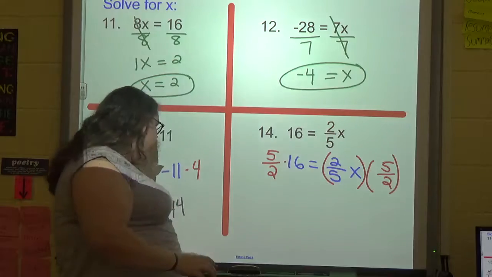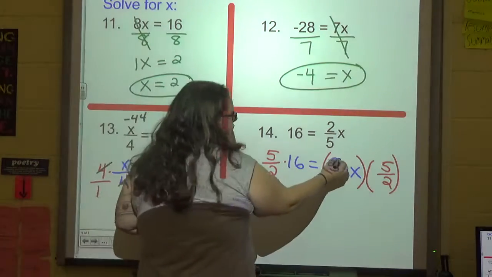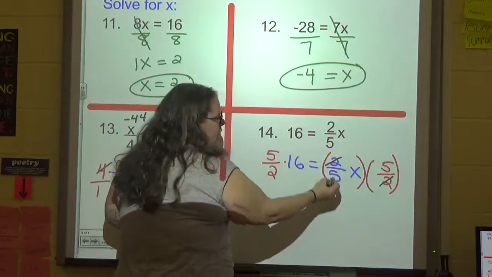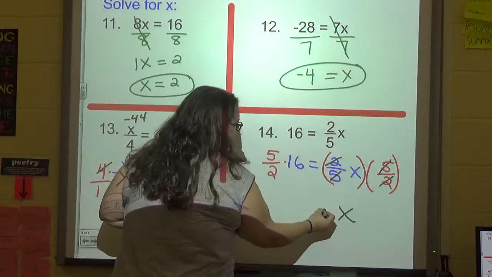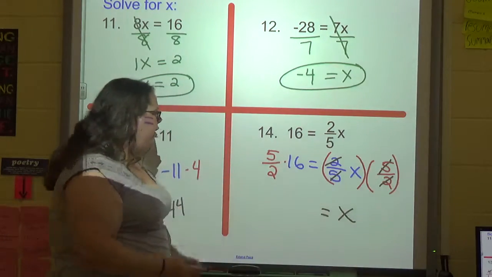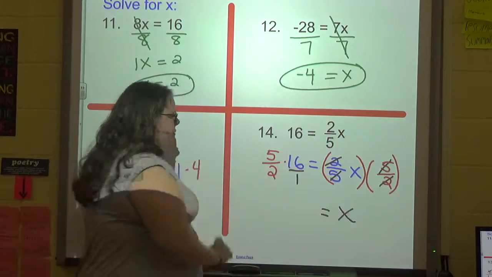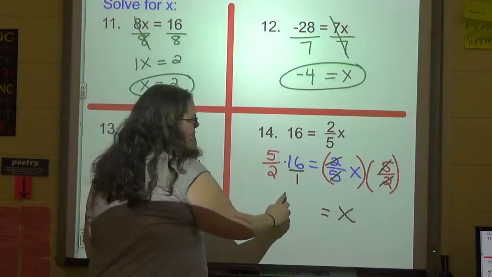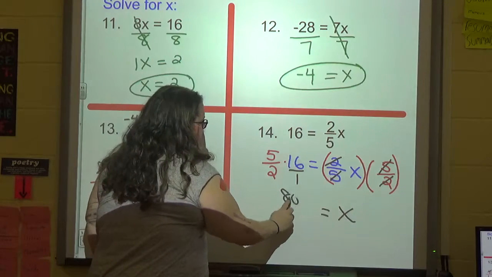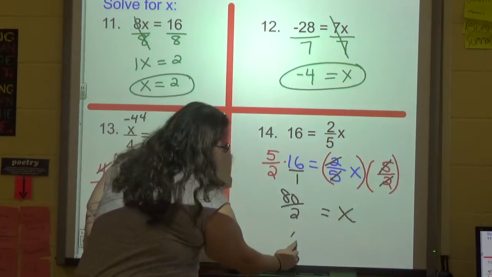Because when we do that, this 2 cancels with this 2, this 5 cancels with that 5. So we're just left with x. Over here, put that over 1. Multiply our numerators, that's 80 over 2, which then equals 40.